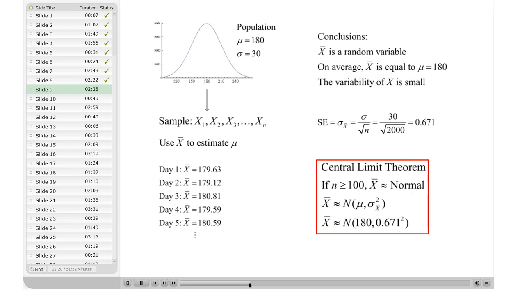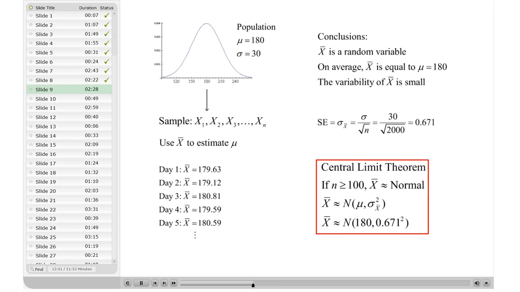But we've actually already said what those are. We've already said that on average the sample means are equal to the population mean. So the mean of X bar is actually just going to be 180 here. So that's nice. We don't have two different types of means. What about the standard deviation? Well, again, we've actually also already said what the standard deviation of X bar is. It's this number SE, which is sigma sub X bar, and we calculated it to be 0.671.